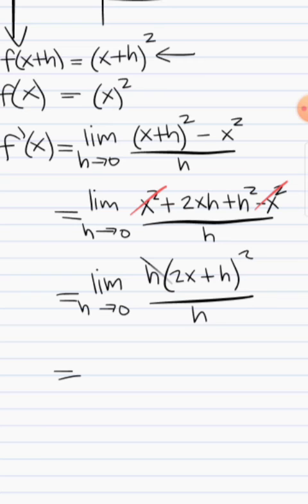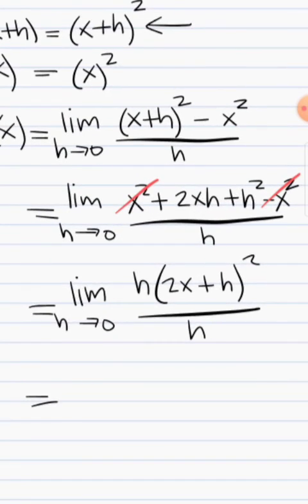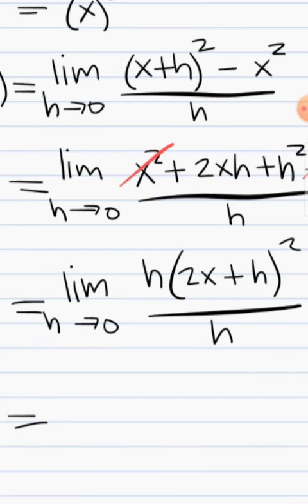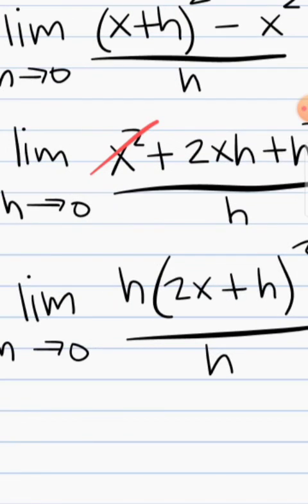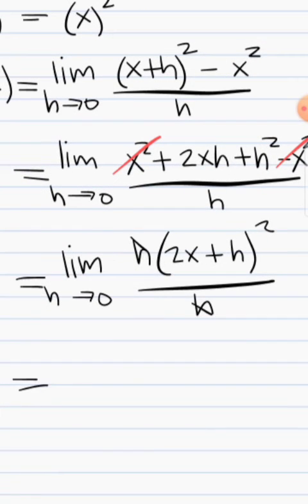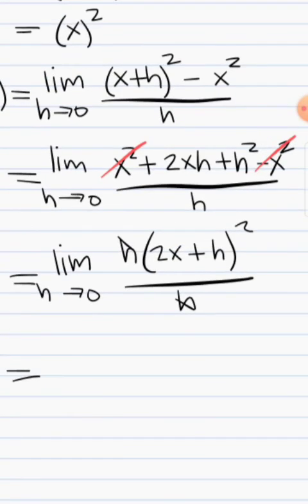And now we can cancel this h because h over h is 1. Although you might say h is 0, we can't divide because h over 0 is not allowed. But because we let h only approach 0, it becomes really close to 0 but never actually gets to 0. So we are allowed to cancel that.